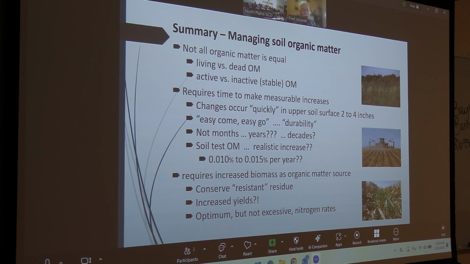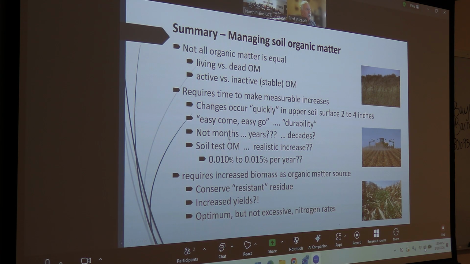And that humus material is almost like asphalt, very, very durable. So we have a lot of difference in those organic matter sources. Well, we can build that active organic matter fairly quickly, but by the same token, if we make a management change, it can go quickly.